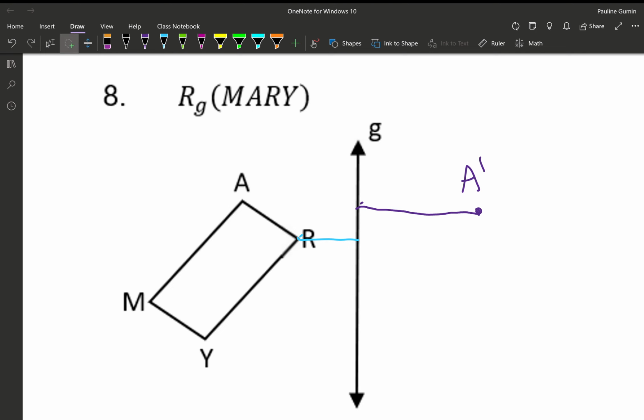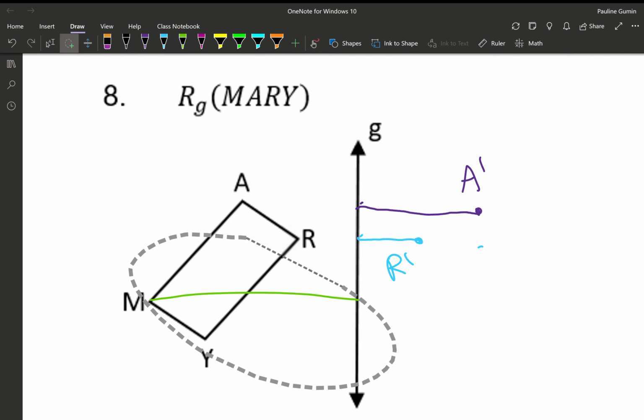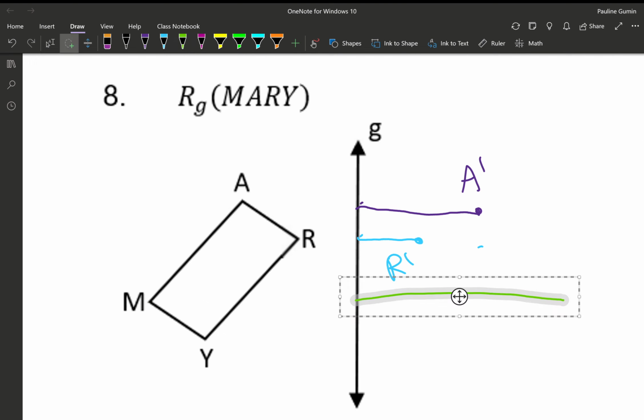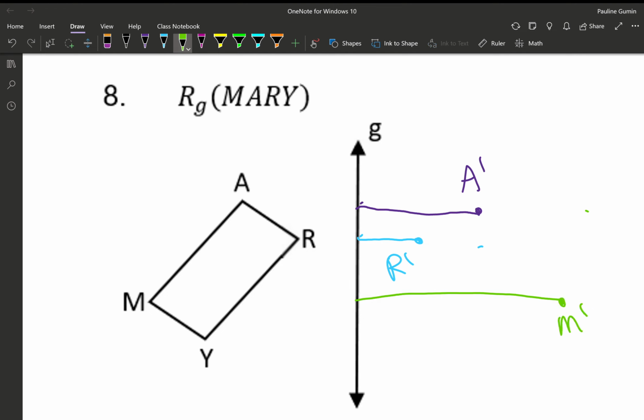There we go. Then I'm going to reflect R, call it R prime. I'm going to reflect M, call it M prime. And finally, let's reflect Y and call it Y prime.